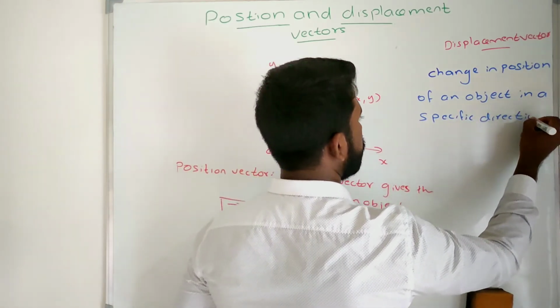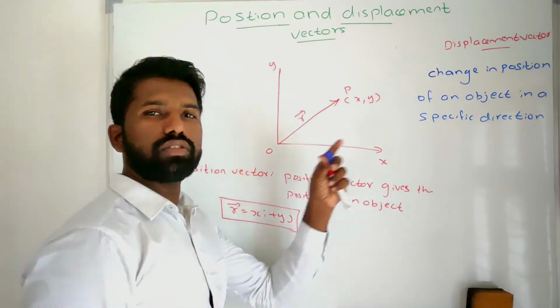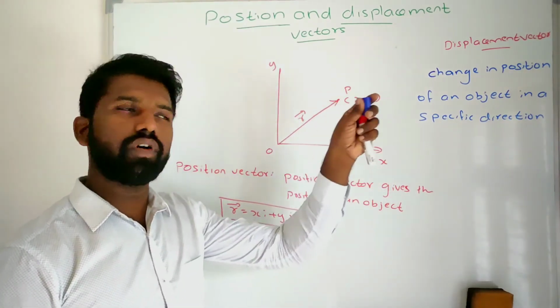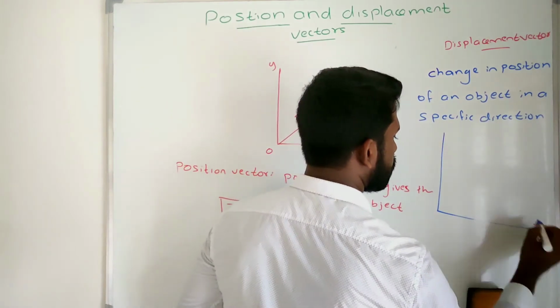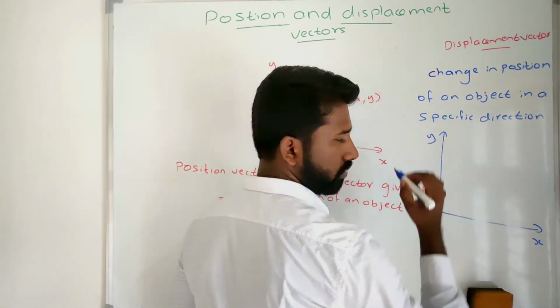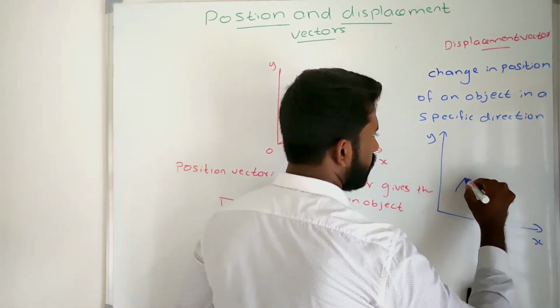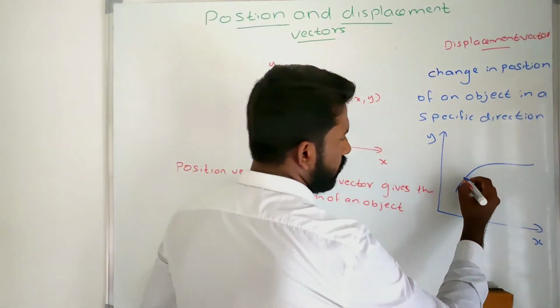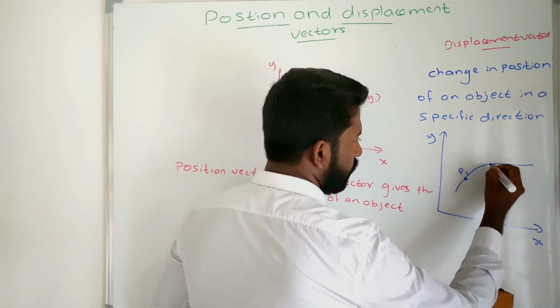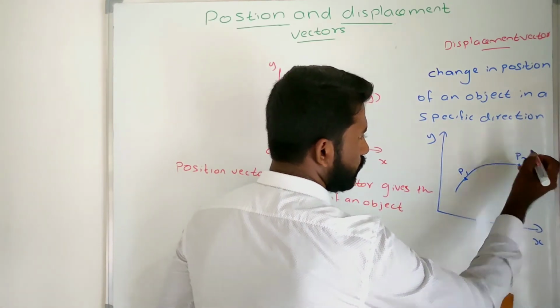It is the shortest distance between the initial and final position. So I consider a plane. This is the x-axis and this is the y-axis. I consider a curved motion, where the initial point is P1 and the final point is P2.